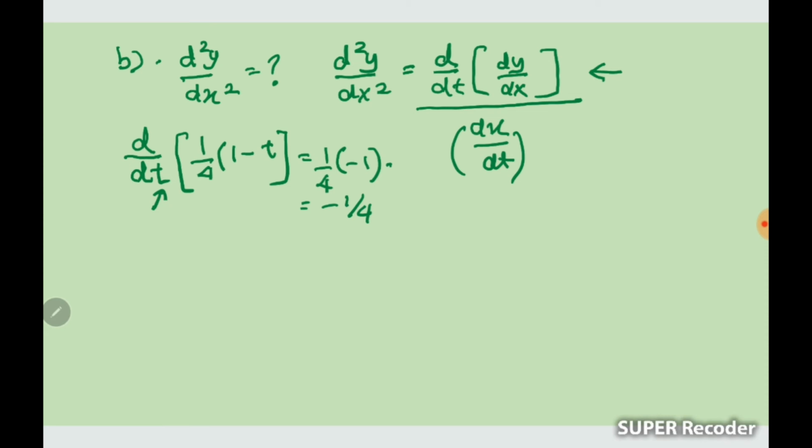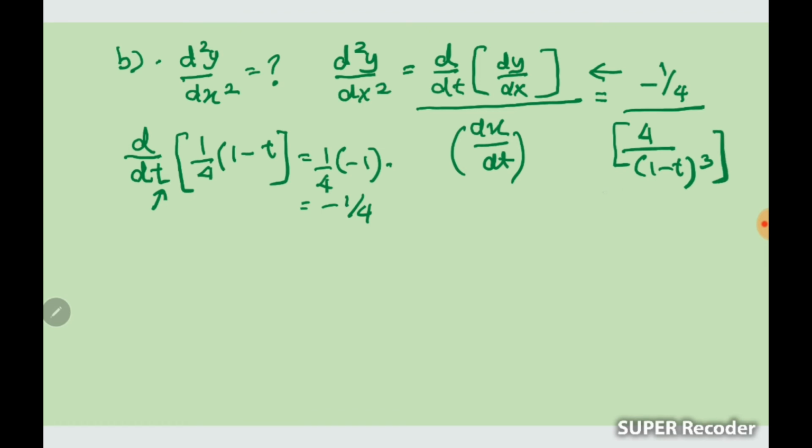Okay. Then you have to substitute here. Negative 1 over 4, you have to divide by dx dt. dx dt from our previous result is 4 over 1 minus t cubed.